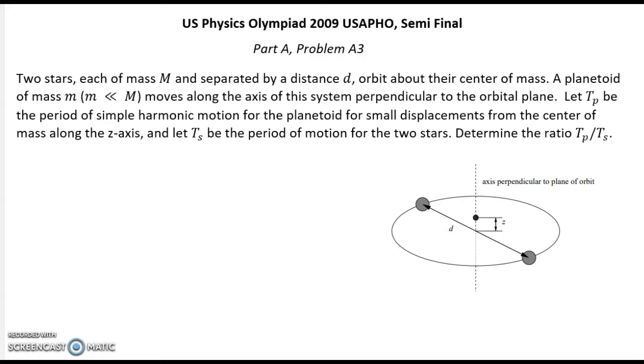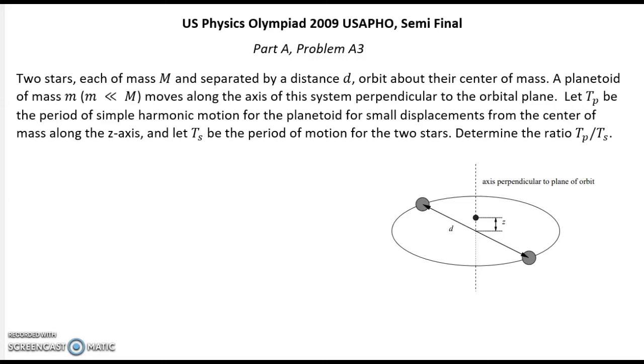Hello everybody. Today we will discuss problem A3 from the American Physics Olympiad year 2009 Semifinal, USAPHO. So problem A3. Two stars, each of mass big M and separated by distance d, orbit about their center of mass. A planetoid of mass small m, much less than big M, moves along the axis of the system perpendicular to the orbital plane.